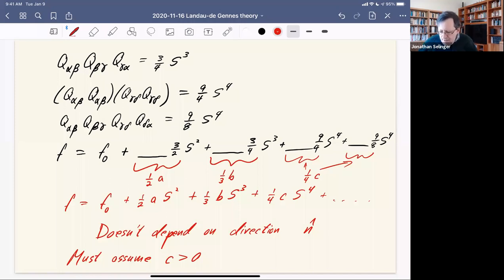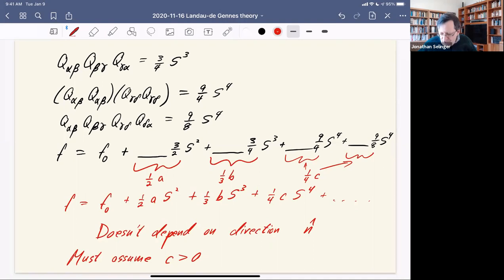For A and B, we don't have constraints like that. A and B could be, in principle, either positive or negative.